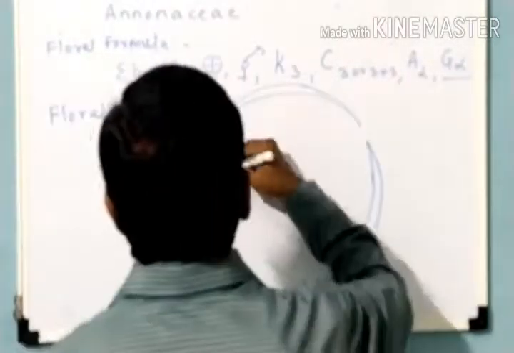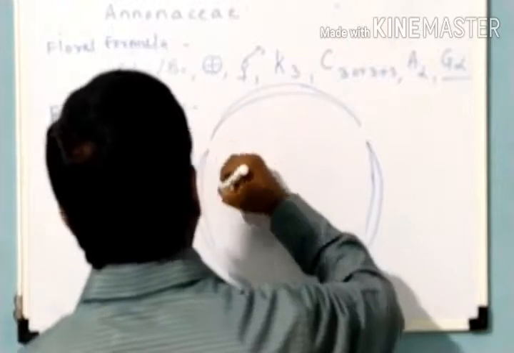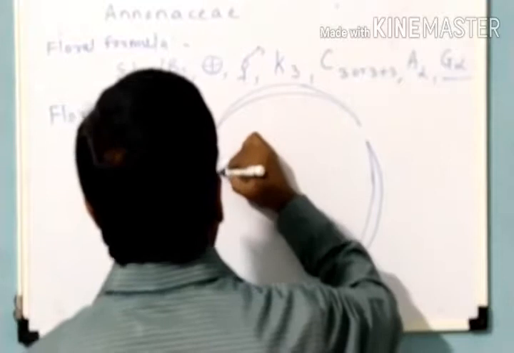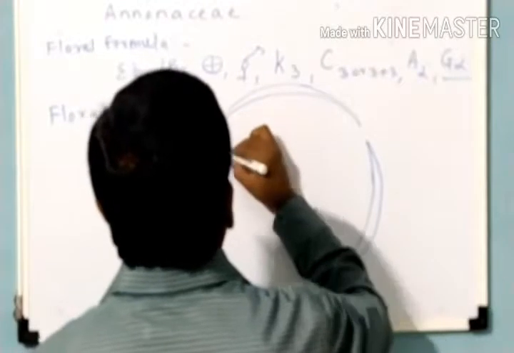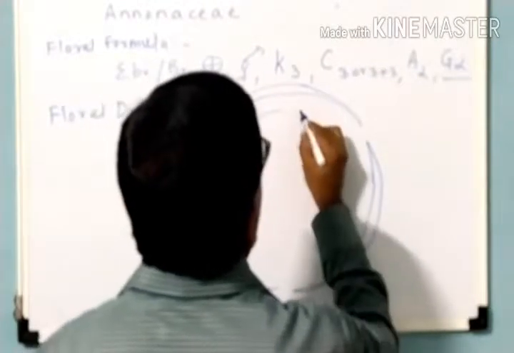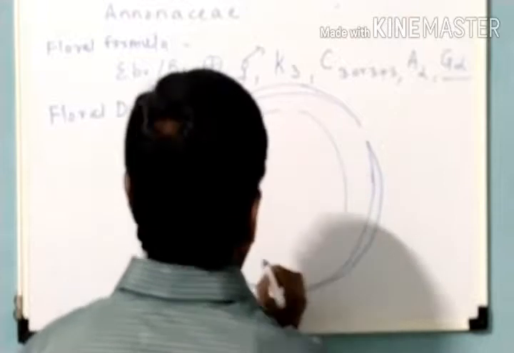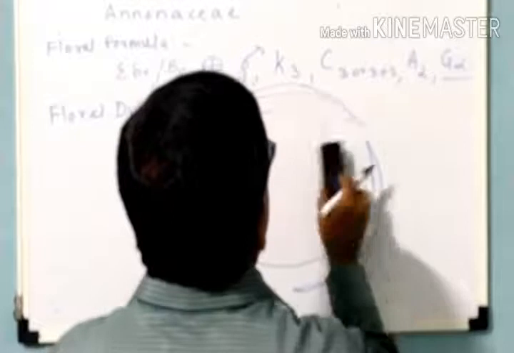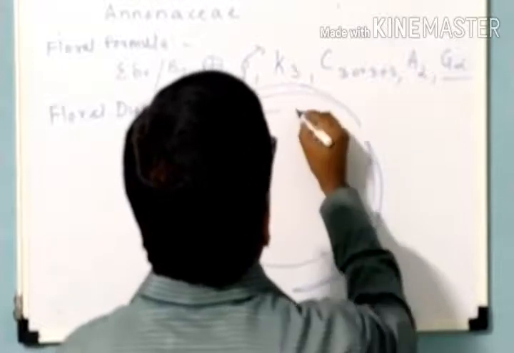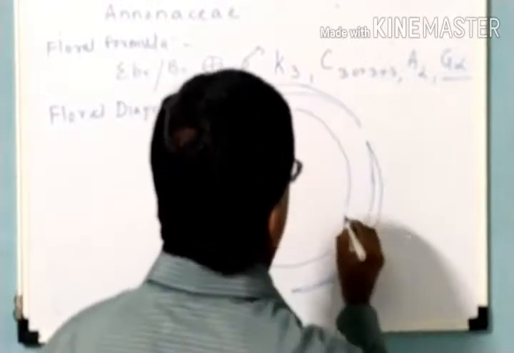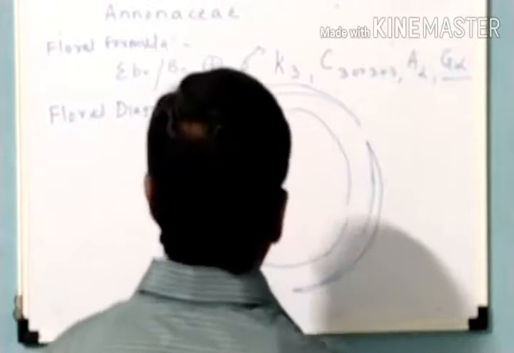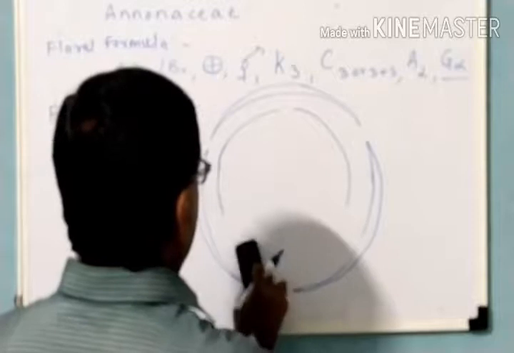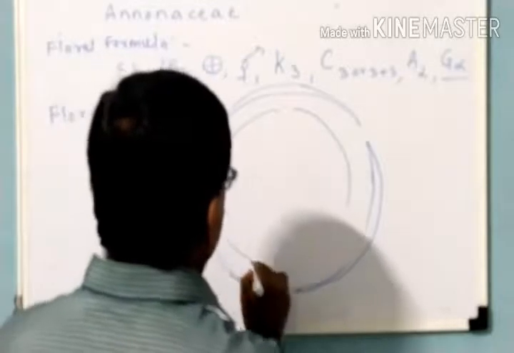If there are 6 petals, they are arranged somewhat in this manner. You can just see, the petals are also free. This is one petal, this is another petal, and this one is another petal. So these are the 3 outer petals.